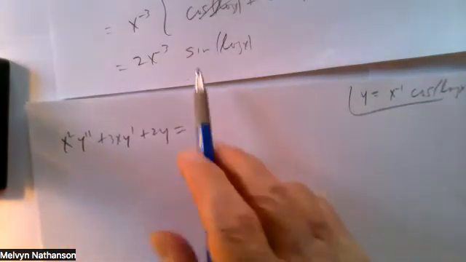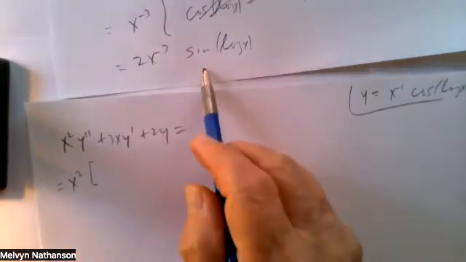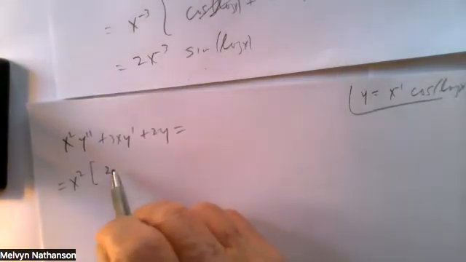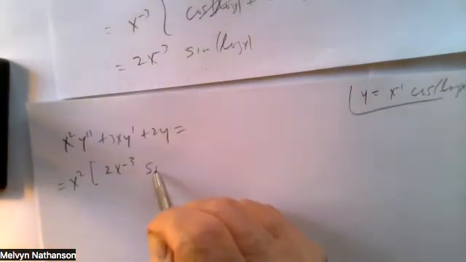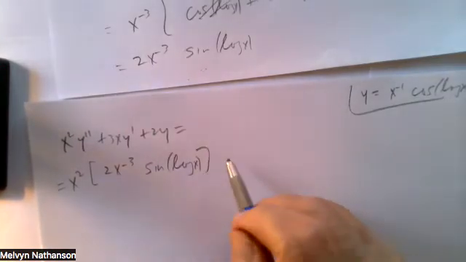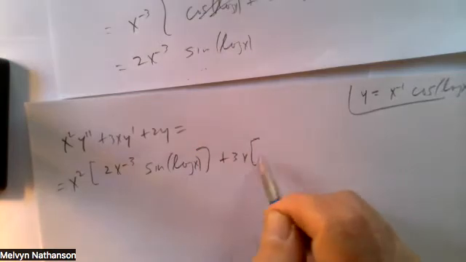The second derivative was 2x to the minus 3 sine of log x, times x squared, plus 3x y prime.